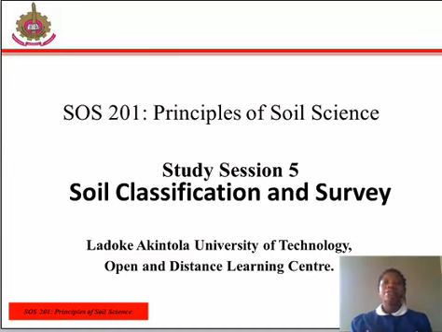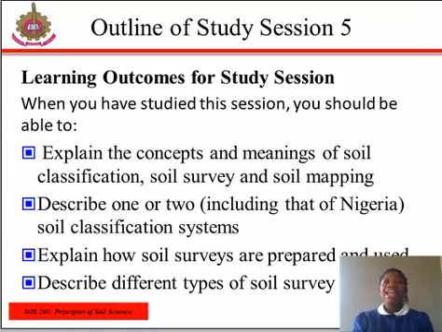So the study of soil types must be performed with the goal of determining their possible adaptation to this utilization. At the end of this study section, you should be able to explain the concepts and meaning of soil classification, soil survey, and soil mapping.